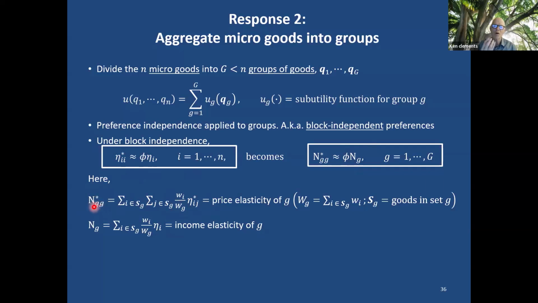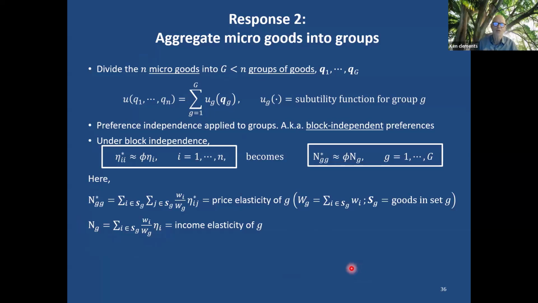So for the group as a whole, it's going to be much lower than the individual brands. And similarly, the income elasticity for the group is a weighted average of the micro income elasticities. And we can then have, lying below these group demand effects, a demand system for the more micro commodities.